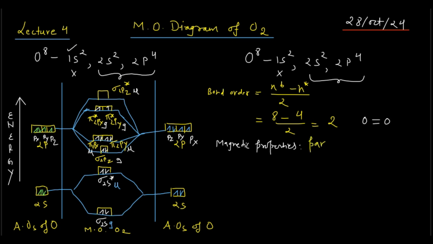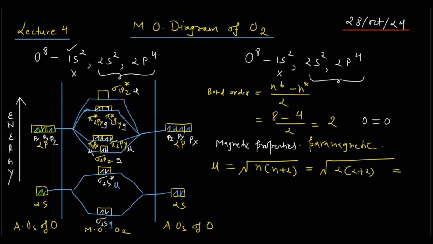So this species is paramagnetic, right? And when it is paramagnetic, then definitely you can calculate the magnetic moment of the species. The formula of the magnetic moment is mu equals the square root of n times n plus 2, where n is the number of unpaired electrons. So the number of unpaired electrons in this molecule is 2. So 2 times 2 plus 2, that means 2 times 4, square root of 8.